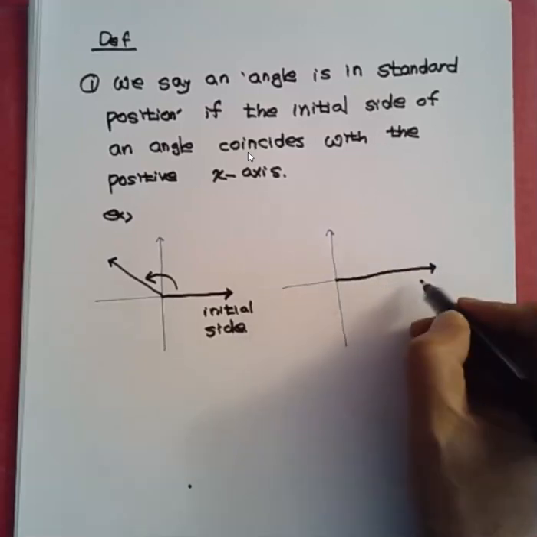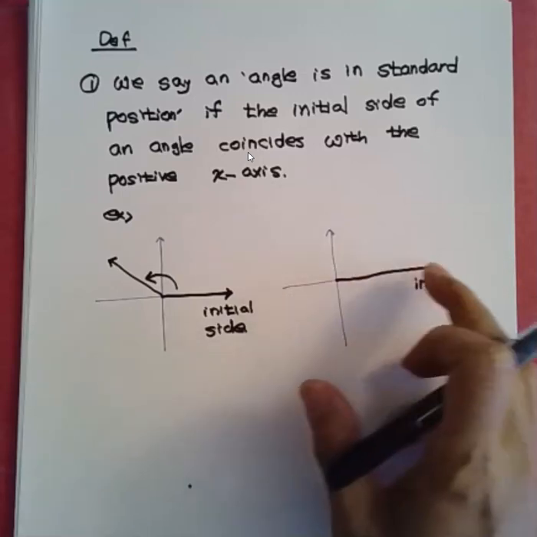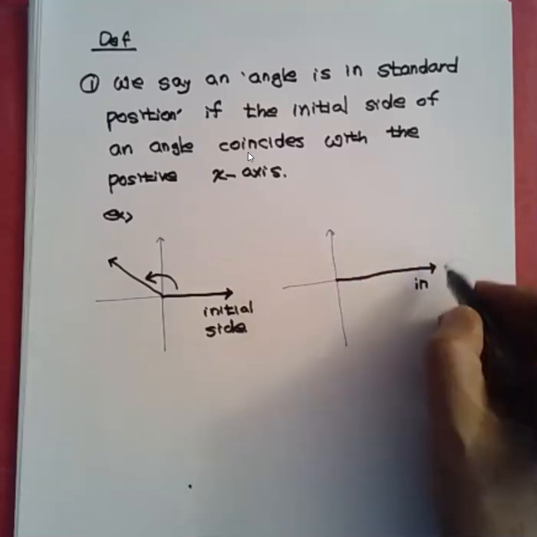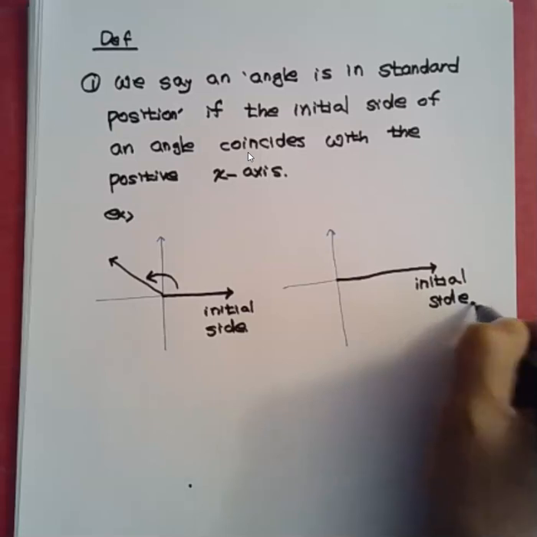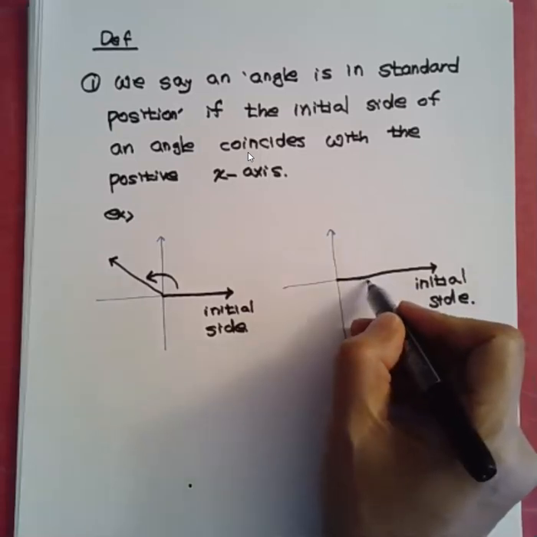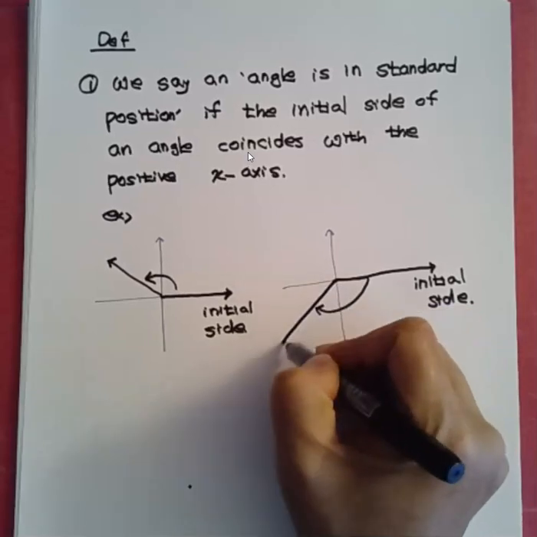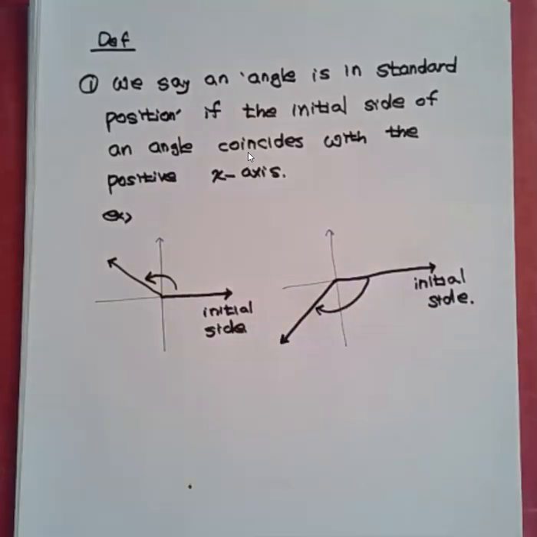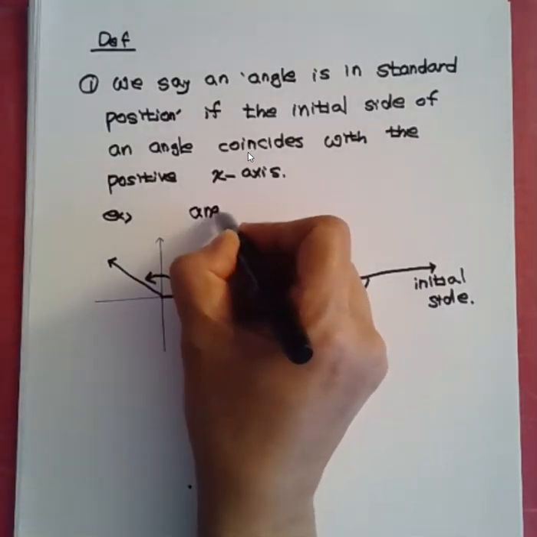Another example may be, again, the positive x-axis coincides with the initial side, and we rotate it this time clockwise to get to the terminal side. This is again an angle in standard position.